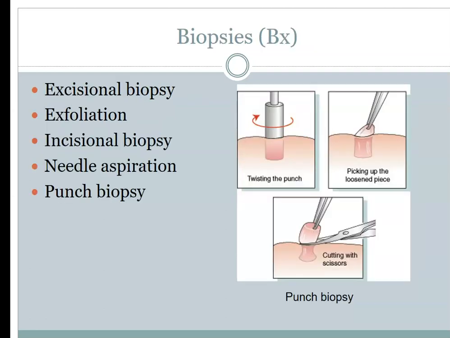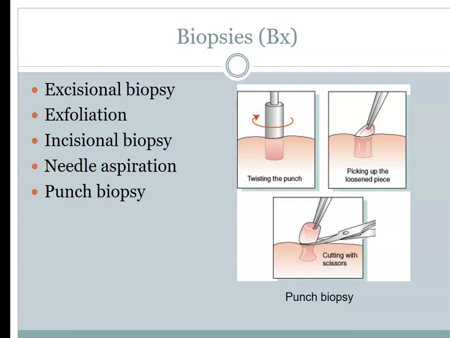Biopsies. Each of these biopsies involves examination of living tissue. An excisional biopsy is one in which the entire tumor is removed along with its borders, as a means of diagnosis and treatment. Exfoliation is a scraping or shaving of samples of friable, easily crushed lesions for examination.